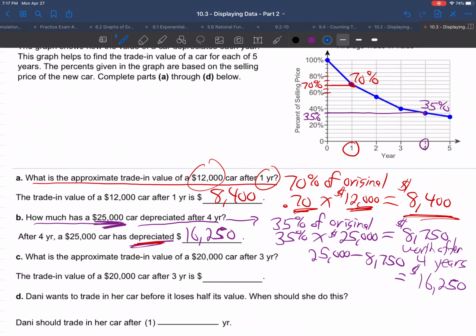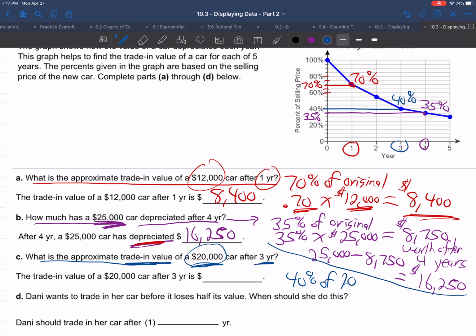Part C. What is the approximate trade-in value, what it's worth, of a $20,000 car after 3 years? So at 3 years, we're right here, 40%. So this is going to be 40% of the original value, $20,000 for this car.